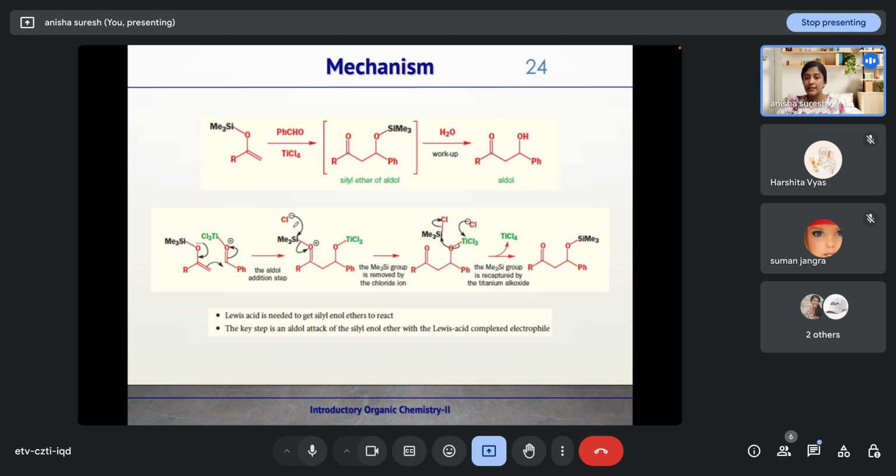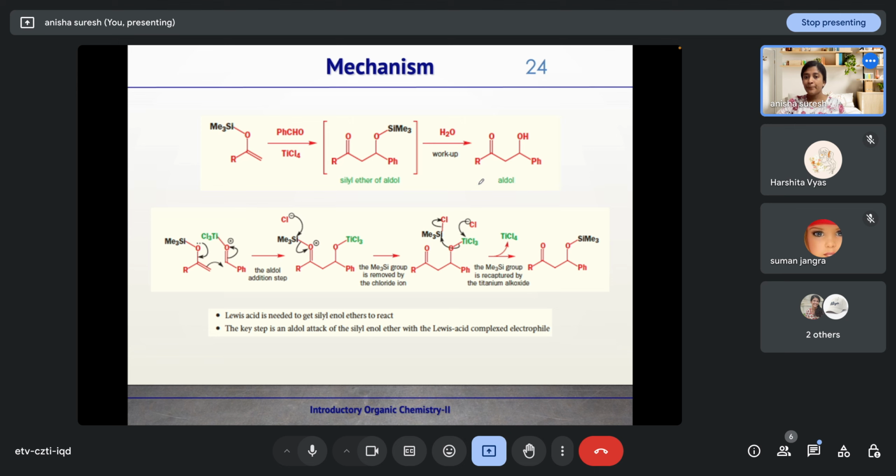And then the Cl minus from the TiCl4 can abstract this silyl group, and this positive charge on the oxygen gets neutralized, and then the minus will attack on this TiCl4. TiCl4 will get regenerated, and the Cl minus will go and attack on trimethylsilyl chloride, leading to formation of this intermediate. And this upon aqueous workup will give this aldol product.